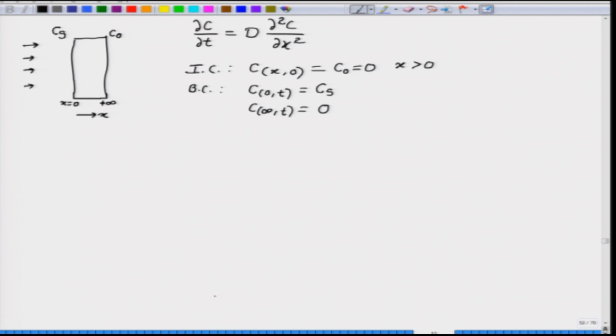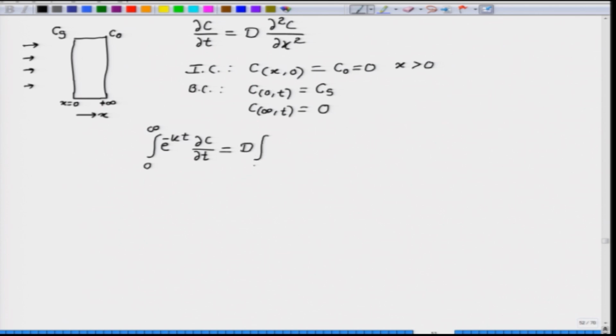Okay. So, let us use the Laplace transform just like we used it last time. If in the diffusion equation we multiply both sides by e to power minus kt and integrate from 0 to infinity, D is constant.